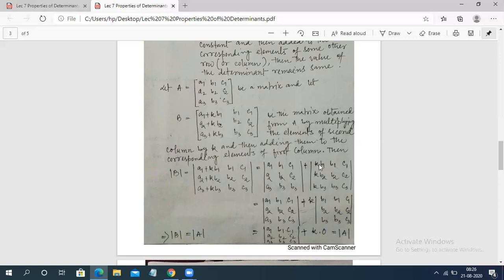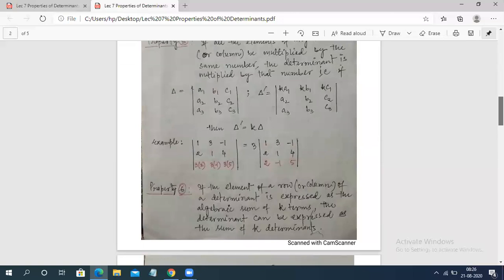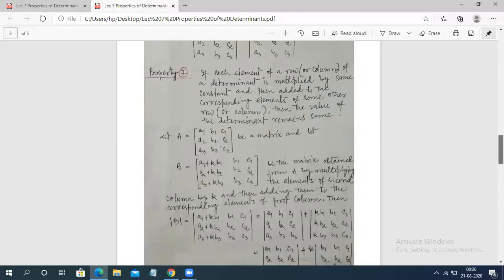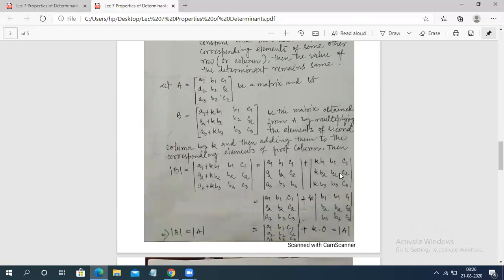Now here we can use another property we have discussed, property 5. If each entry is multiplied with K, the determinant value will be K times A1, B1, C1, A2, B2, C2, A3, B3, C3. So by property 5, we can write this determinant as K times B1, B2, B3, B1, B2, B3 and C1, C2, C3.